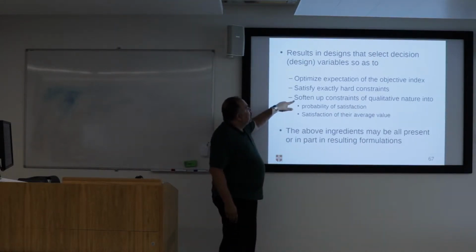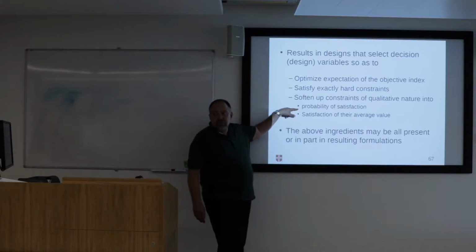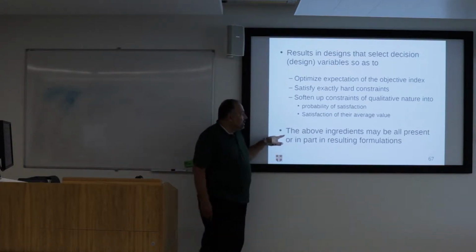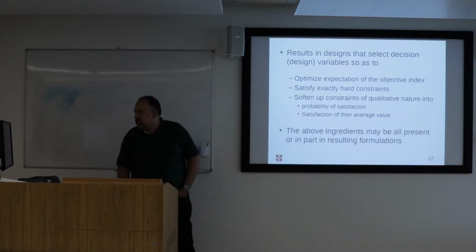And you may have to soften constraints of a qualitative nature into either probability of satisfaction of those constraints or satisfaction of their average value. The above ingredients may be all present or in part in resulting formulations.